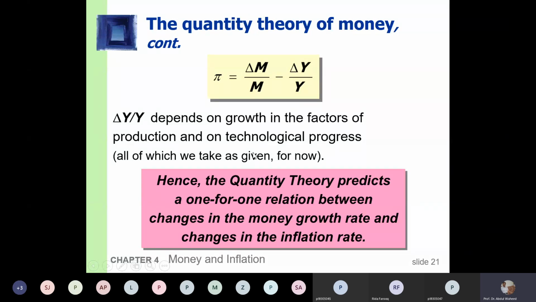Therefore, money supply will not change real output. Money supply will change the prices. So if there is growth in money supply, there will be growth in prices, which is called the inflation rate. So if we increase money supply by some proportion, inflation rate will also increase by that proportion.